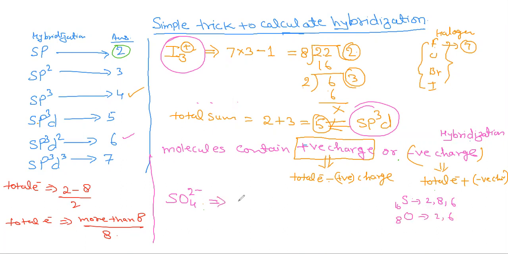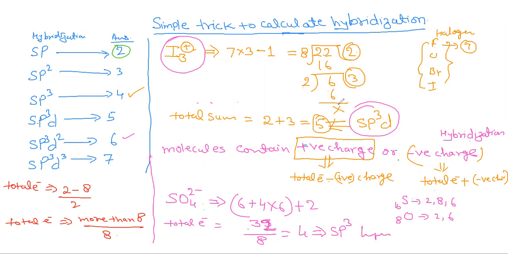The total electron you calculate as 6 plus 4 oxygens multiplied by 6, and then the negative charge means you add 2. So total electron: 6 plus 24 is 30, plus 2 is 32. Divide by 8, that is 4. 4 means sp3.